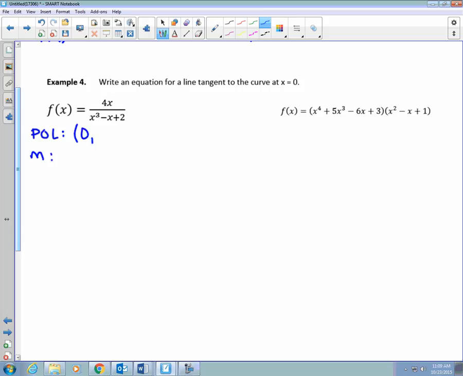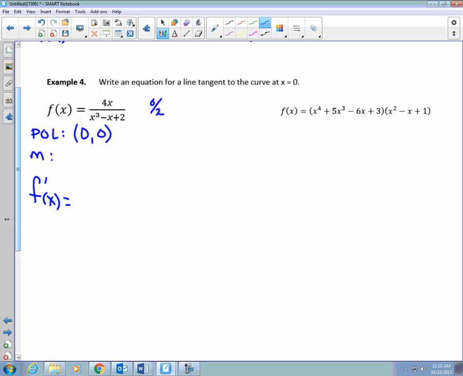How do I figure out y? Plug it in. When we plug in 0, what do you get in the numerator? Denominator? 2. So 0, 0. It says it's tangent at x equals 0. To find the slope, I have to take the derivative. Slope and derivative are the same things. F prime of x. What rule will I have to use to find that derivative? Quotient rule.